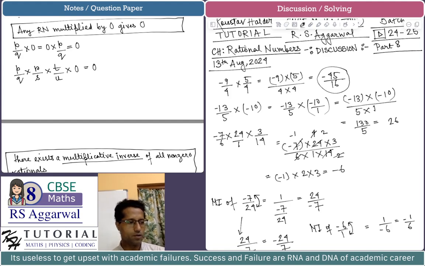I will not solve all the problems from exercise 1D or 1E. I will solve selected problems that will cover the major variants, or all the variants, of the problems from each exercise. So please stay tuned for the next video where I will solve selected problems of exercise 1D and 1E that will cover the concept of addition and multiplication of rational numbers.